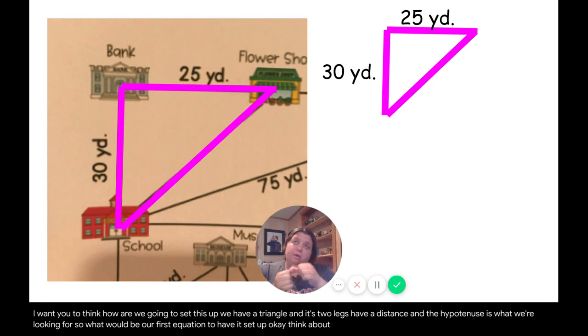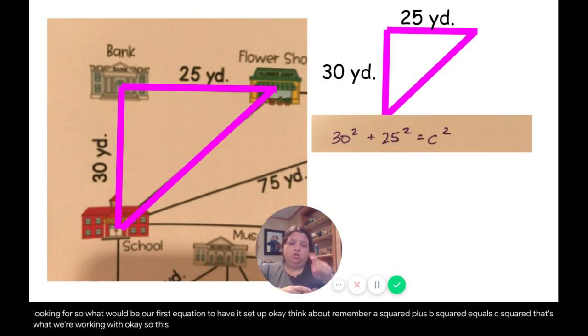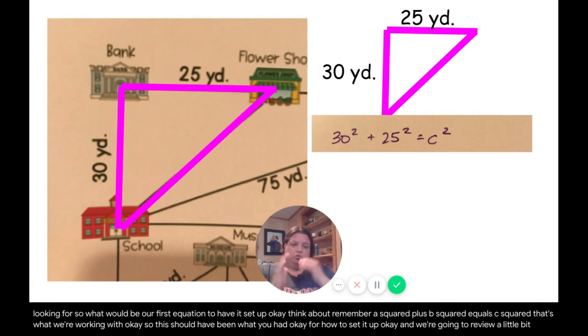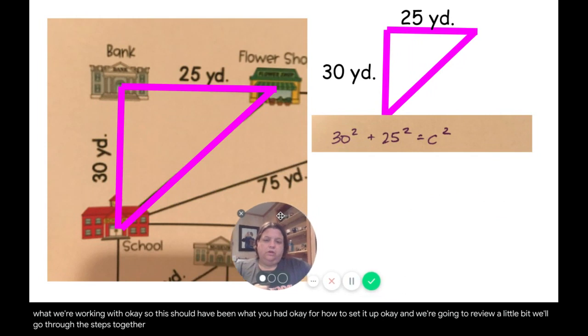Think about, remember, a squared plus b squared equals c squared. That's what we're working with. So this should have been what you had for how to set it up. Okay, and we're going to review a little bit. We'll go through the steps together over again.